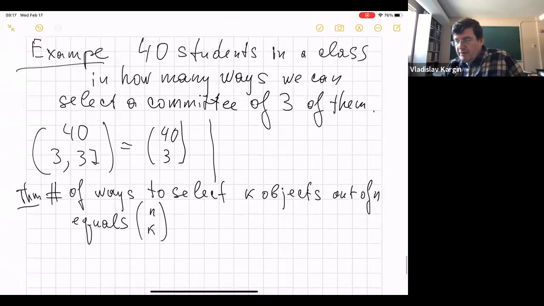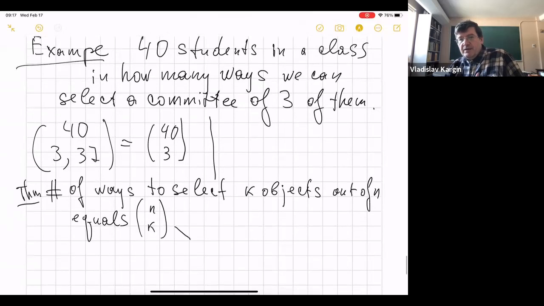The order inside this subgroup of objects doesn't matter, so this is different from our previous problem about permutation. This is the selection.